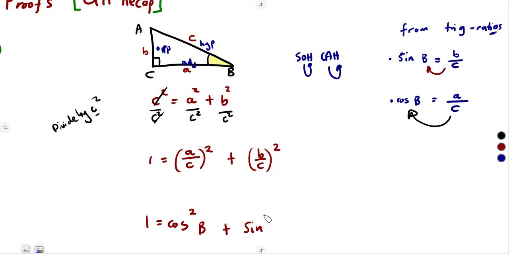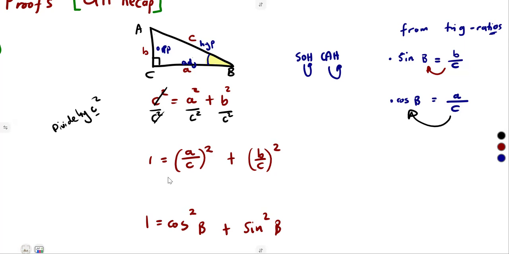So it is going to be the sine squared of B. So are we seeing that? That is our Pythagorean identity. We can actually prove it. We have the proof.